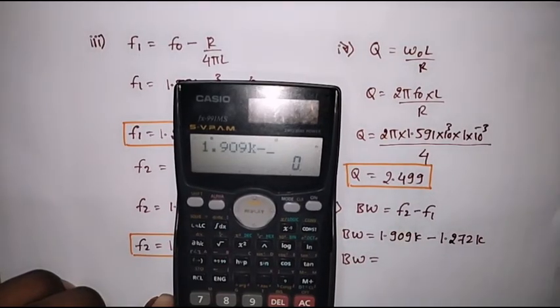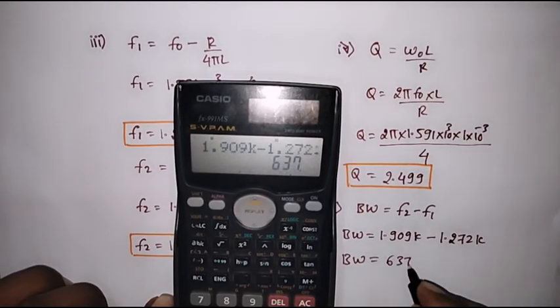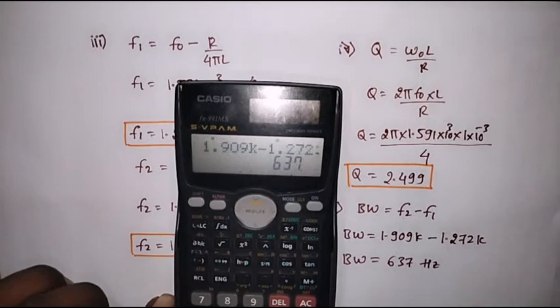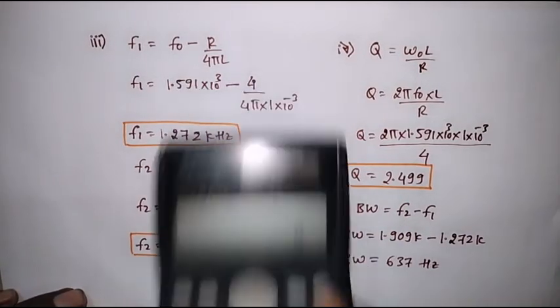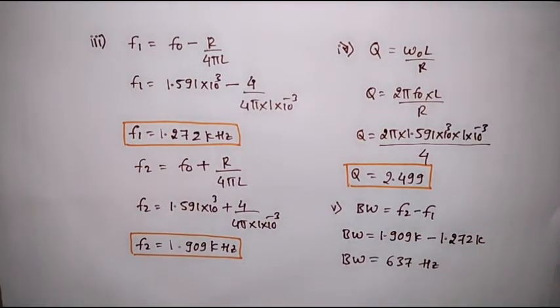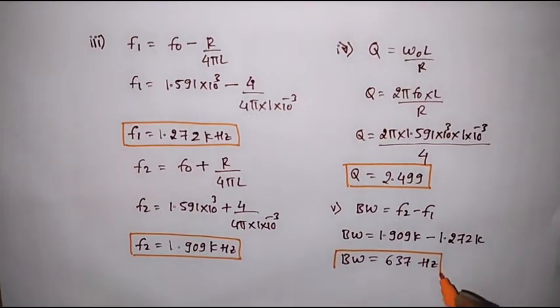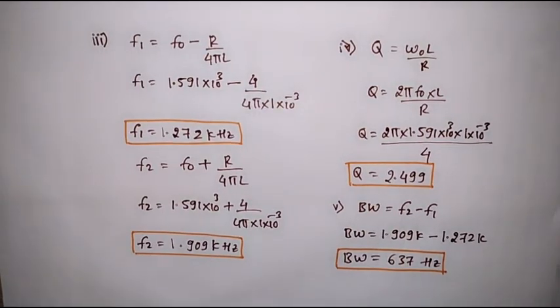It gives 637 hertz. So these are the required values for the given series resonance circuit. Thank you for watching.